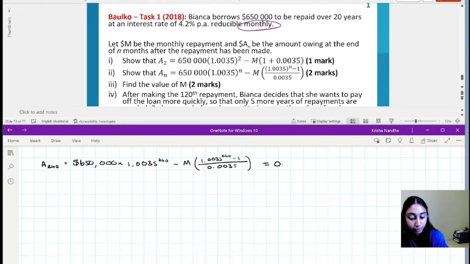So now we're just going to solve for m. I'm going to put this in my calculator because it looks a bit disgusting to try and do it algebraically. So 650,000 times 1.0035 to the power of 240, which gets me to 1,503,432.015, minus m times (1.0035 to the power of 240 minus 1) on 0.0035.